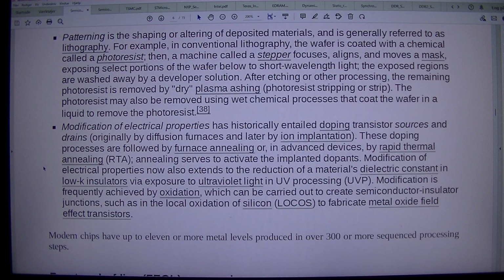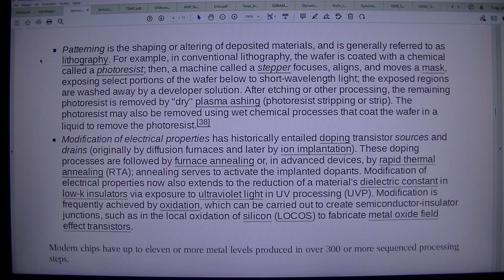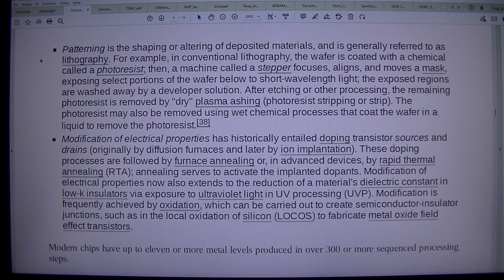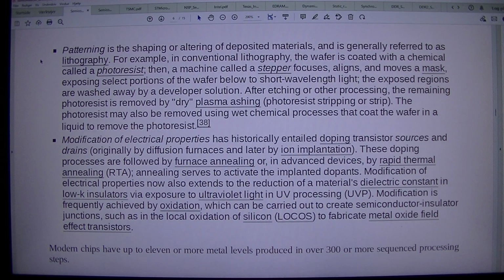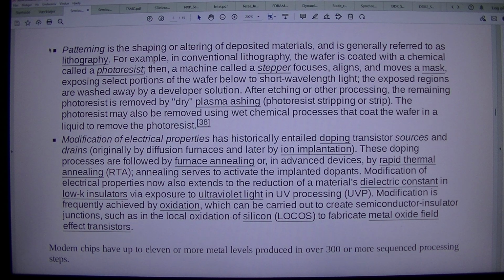Patterning is the shaping or altering of deposited materials, and is generally referred to as lithography. For example, in conventional lithography, the wafer is coated with a chemical called a photoresist. Then, a machine called a stepper focuses, aligns, and moves a mask, exposing select portions of the wafer below to short wavelength light.